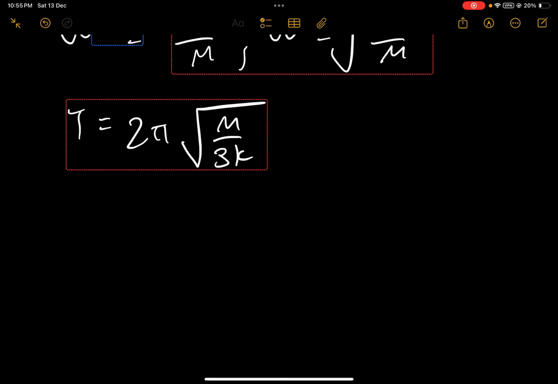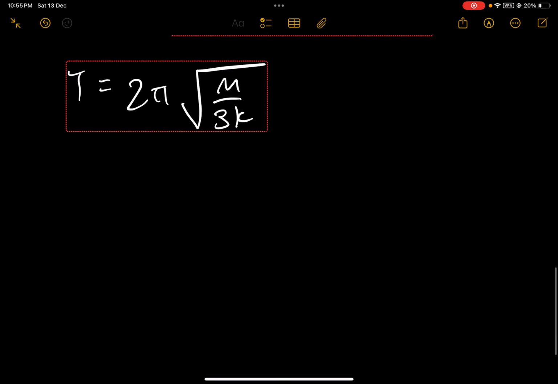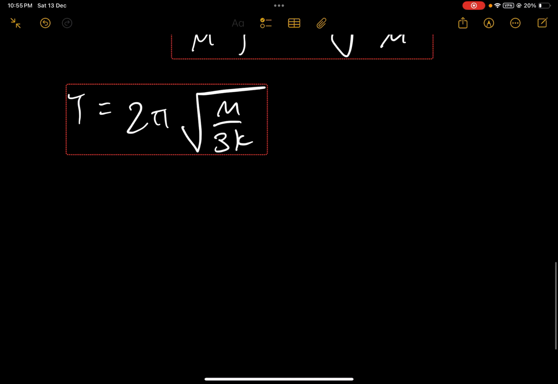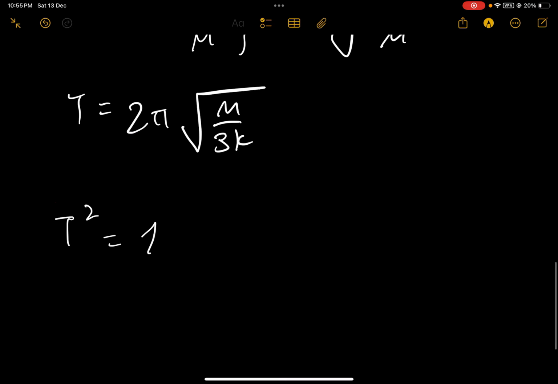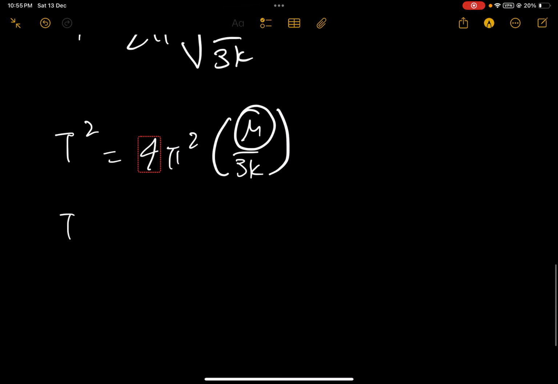So yeah, that's an awfully long process, isn't it? Now we want to solve for m, which is the mass of the rod. Hence, to get rid of this root, T squared is equal to 4 pi squared m over 3k. We want to solve for m, so we have T squared over 4 pi squared. I'm sure this formula looks really familiar to you guys.